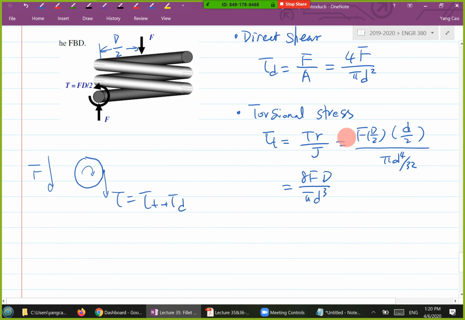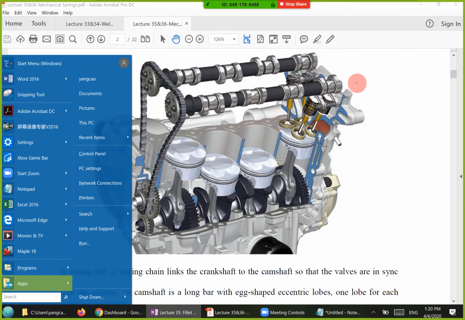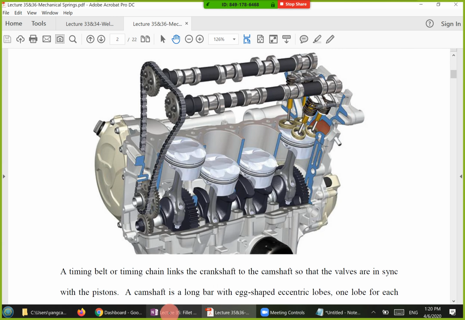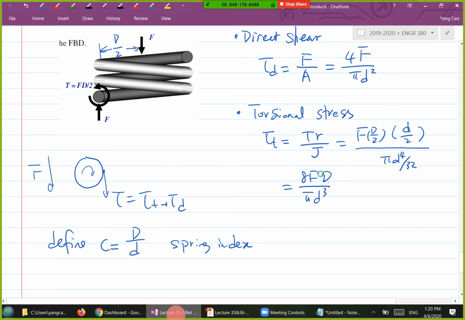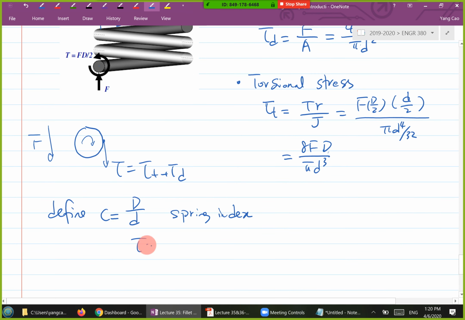If we define a parameter called the spring index, then when we add these two formulas together and use C, you can simplify this equation to this.